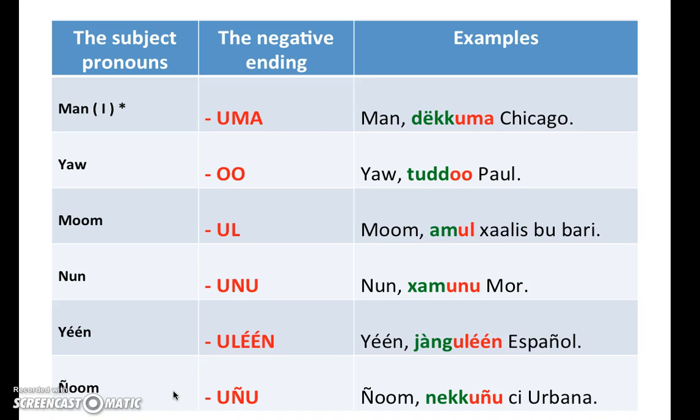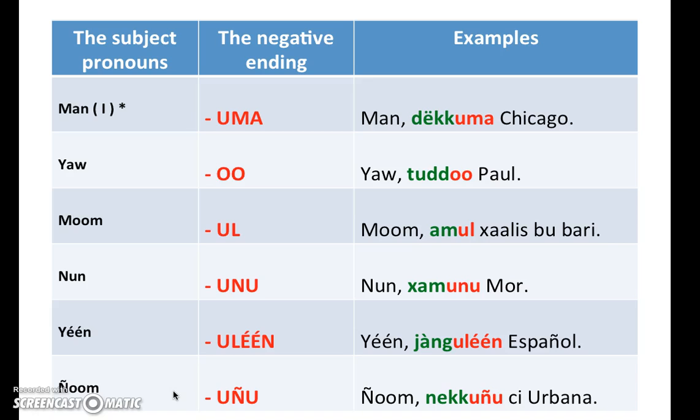Nun xamunu more. We do not know more. So you can guess what the verb is, and that is xam, to know. Yéen jànguleen espagnol. Jàng, to learn, to study.